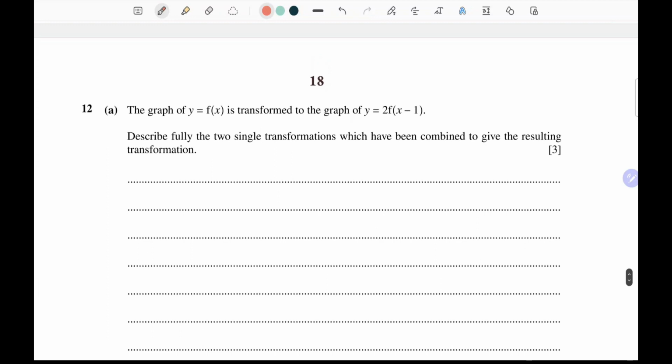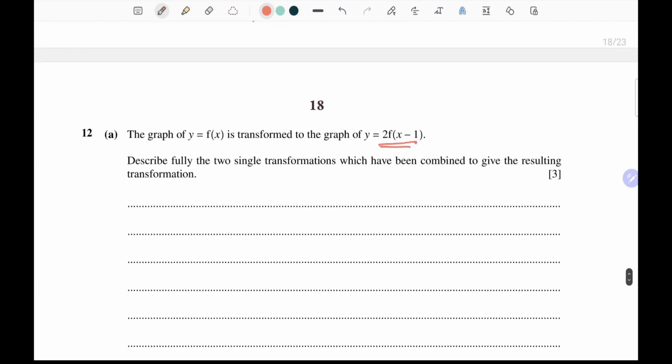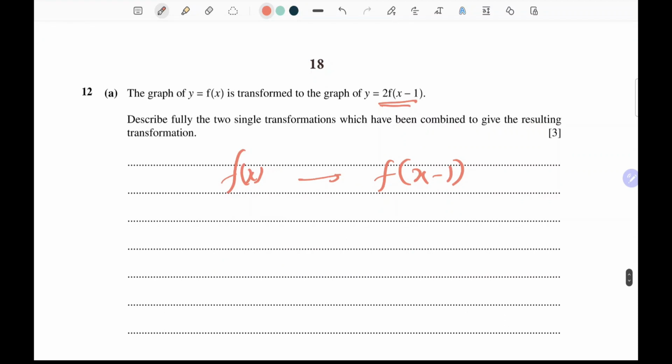Okay, now we need to understand that. So guys, here this is f(x). First of all, this is f(x minus 1), so we have to shift right by 1 unit, but only in the right direction, no up and down.